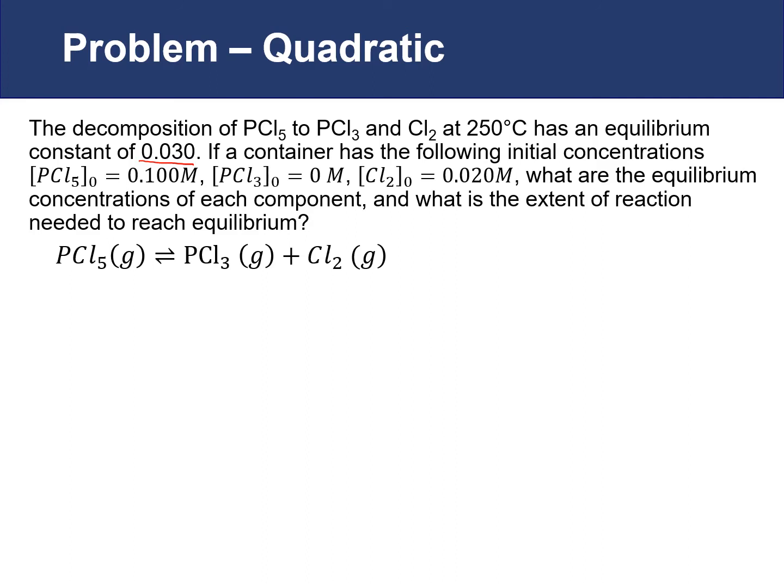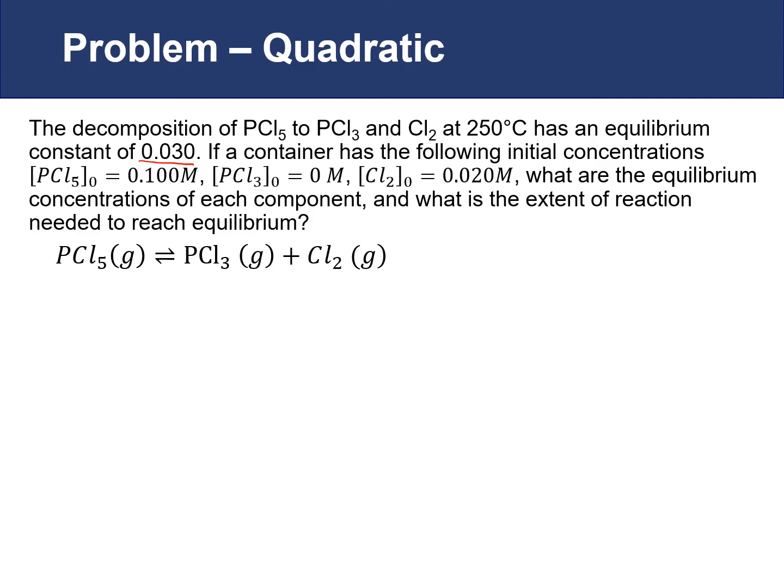So, if a container has the following initial concentrations, the PCl5 initial concentration will be 0.100 molar, PCl3 initial will be 0 molar, and the chlorine, Cl2, will be 0.020 molar.